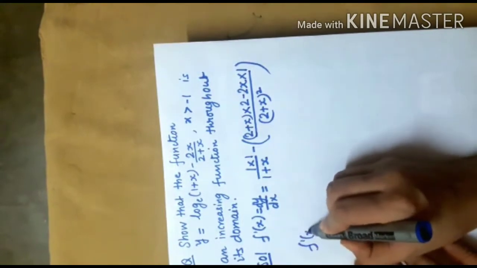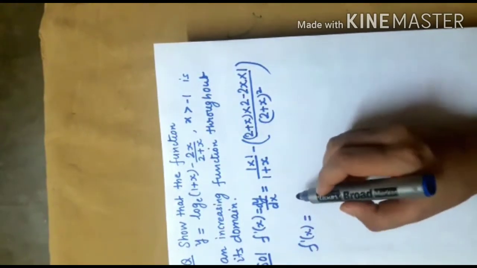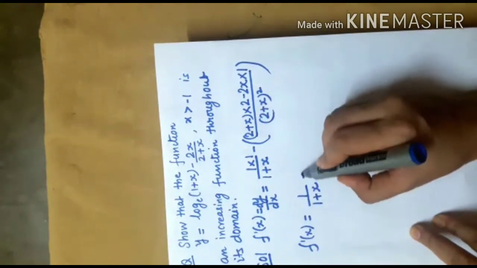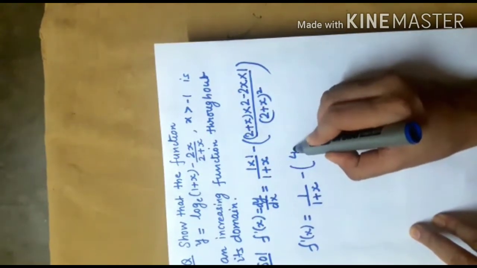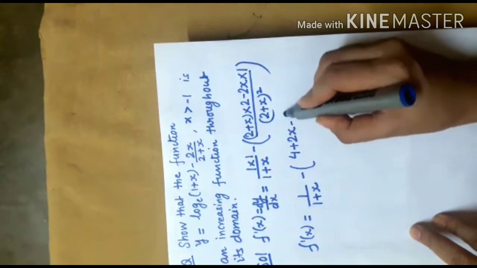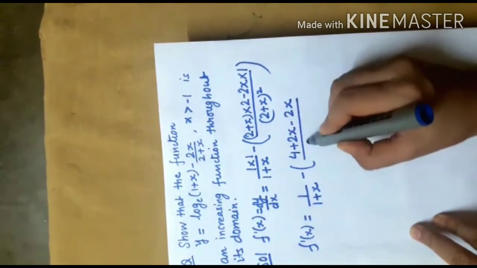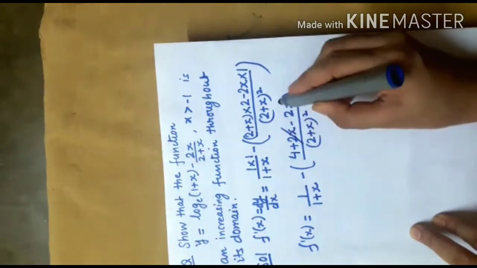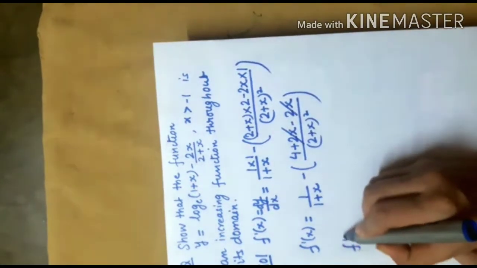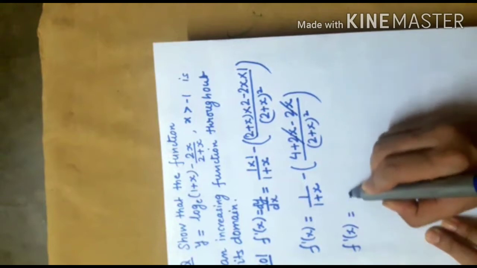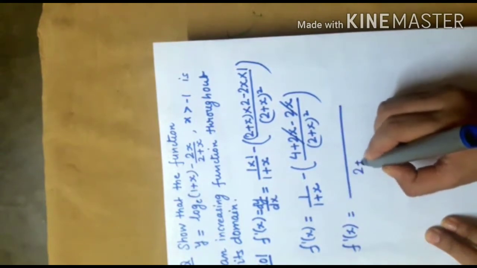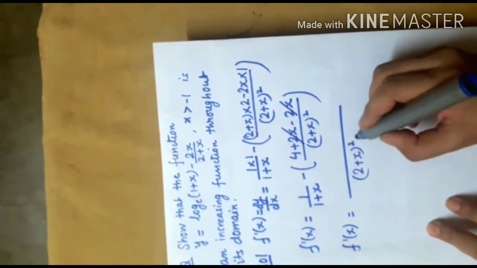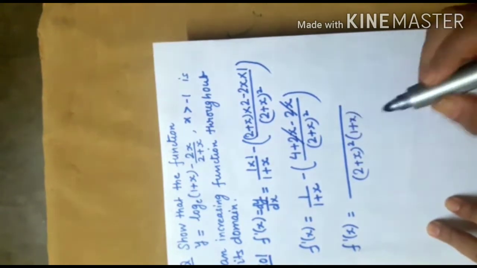So f dash x will be equal to 1 over (1 plus x) minus, after simplifying, (4 plus 2x minus 2x) over (2 plus x) whole squared. This will get cancelled out. Here I'll take the LCM, which is (1 plus x) into (2 plus x) whole squared.